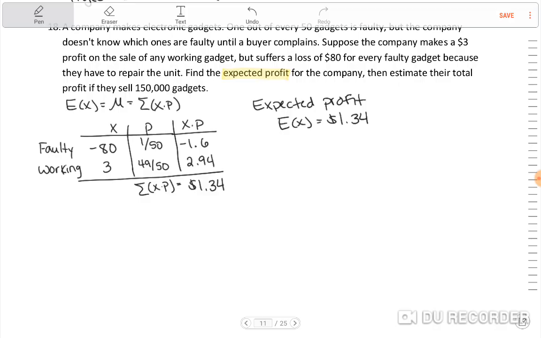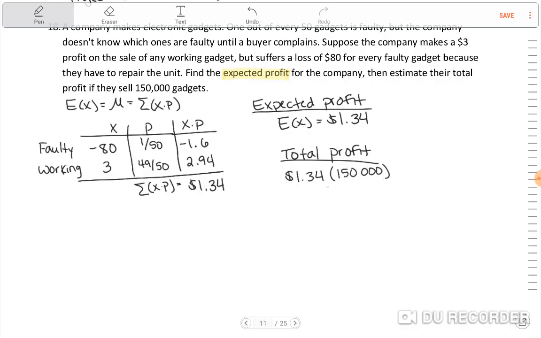Okay, well, if they expect to make $1.34 per gadget sold, then if we sell 150,000 gadgets, then they would expect to make, so total profit, okay, expected profit would be $1.34, which I guess I don't need the dollar sign here, times 150,000 gadgets.